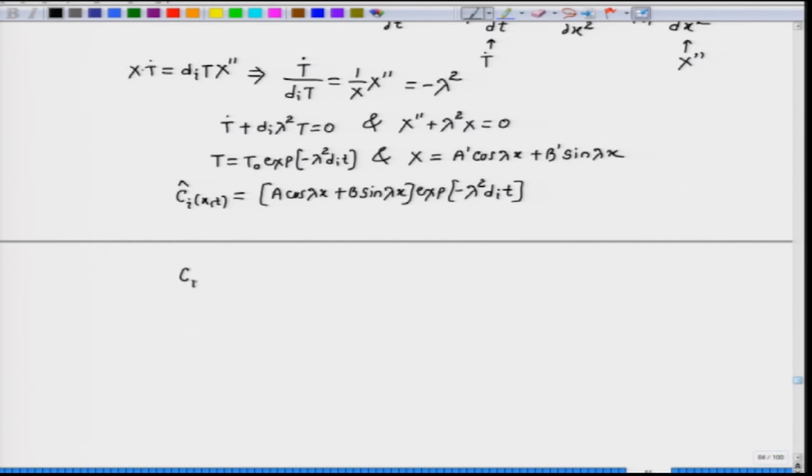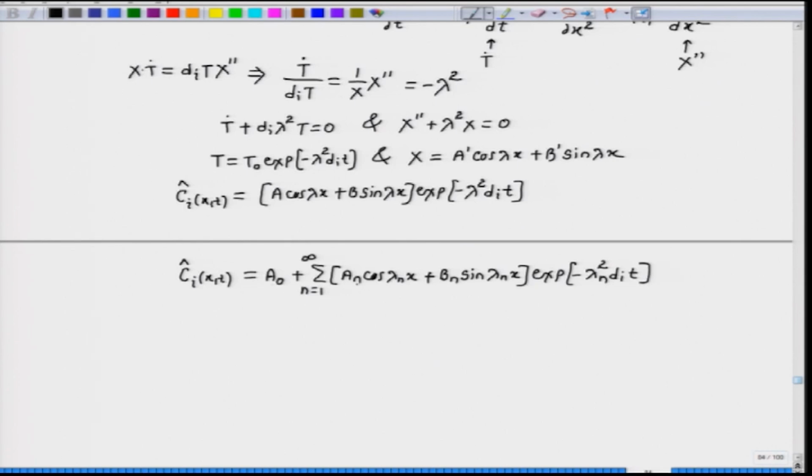So, I can write C_i cap at x and t as the summation of a n cos lambda n x plus b n sin lambda n x times exponential minus lambda n square D_i t, plus a term a 0.